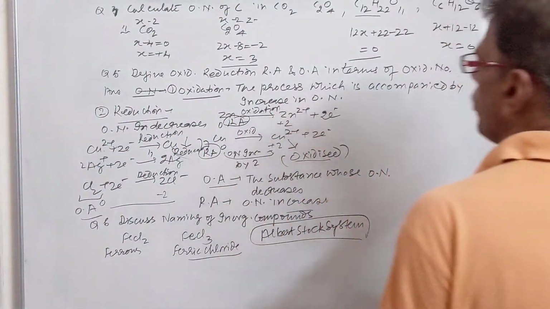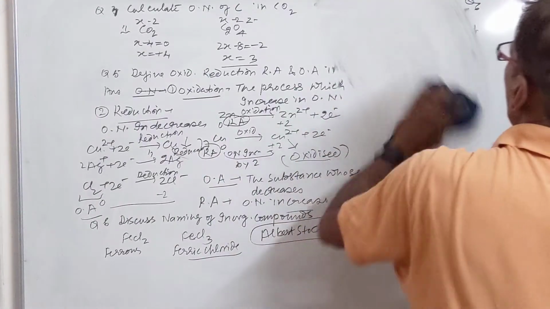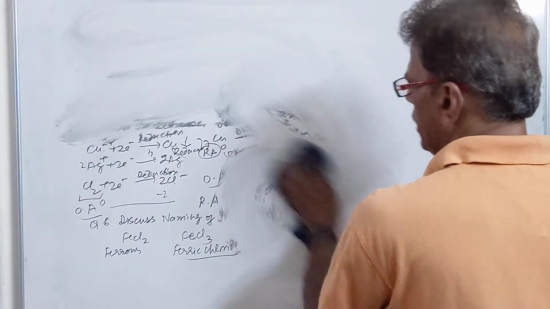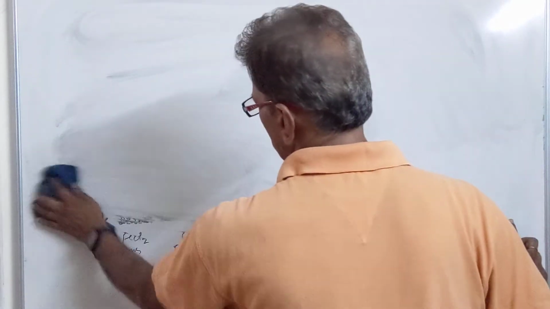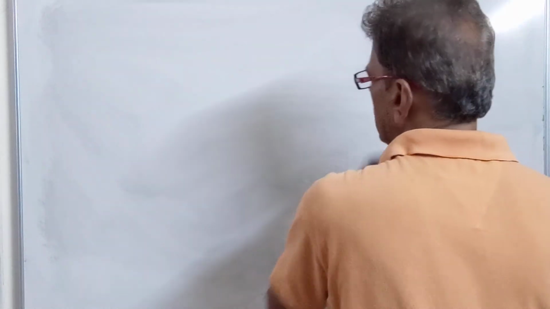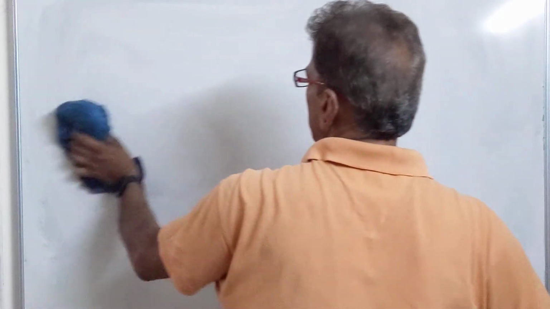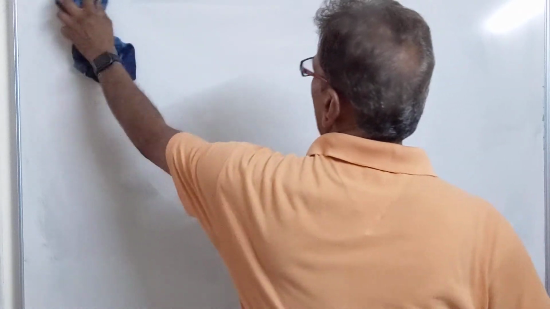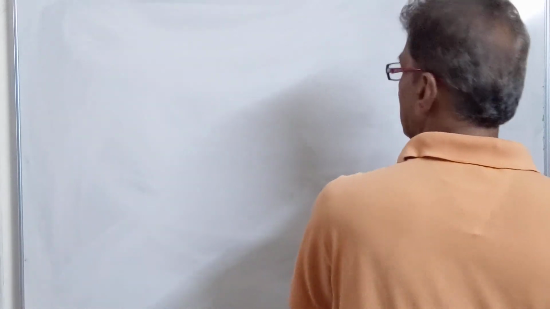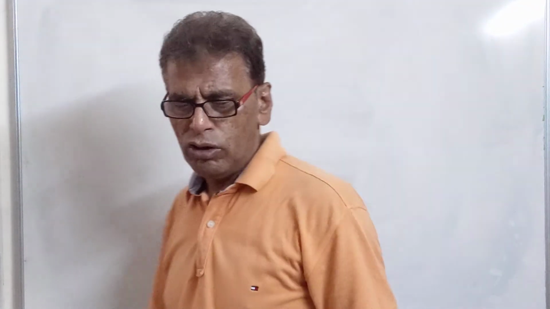So Stock introduced a system of oxidation number where the name of the metal is followed by the oxidation number of the metal ion in the compound, written in Roman numerals in a small bracket. So it became very easy to name all the inorganic compounds. Now let us name some compounds on the basis of the Stock system.